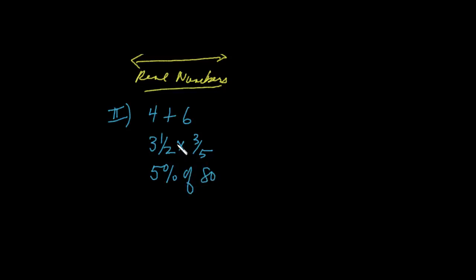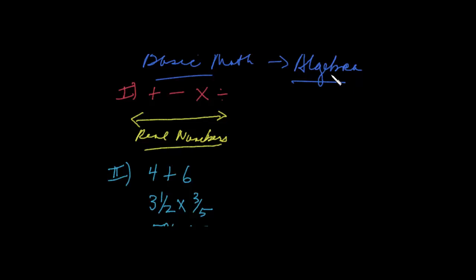All of these problems involve certain operations: addition, multiplication, and this would also be a multiplication. You'd have to know how to change it from a percent to a decimal. But all of those are basic math skills that you've mastered before you begin to entertain doing the algebra.